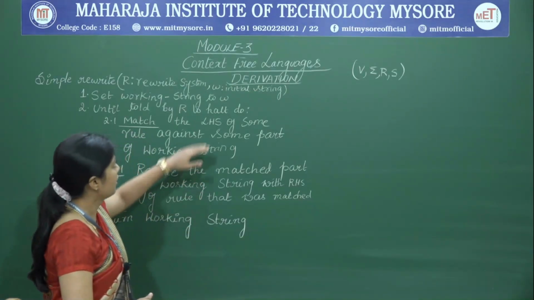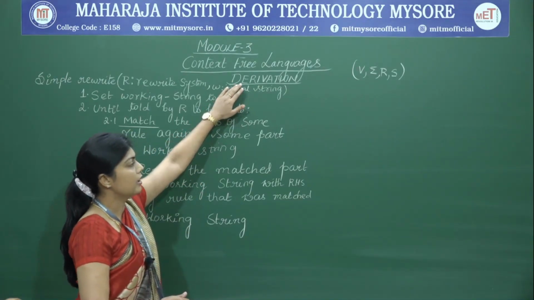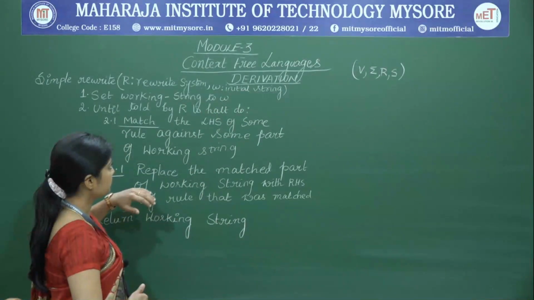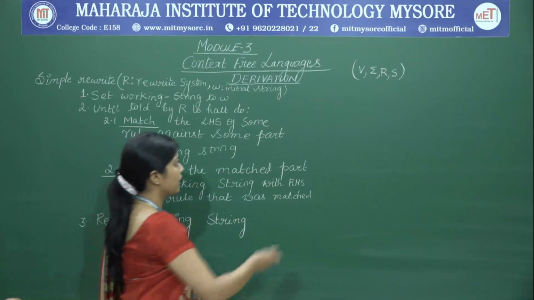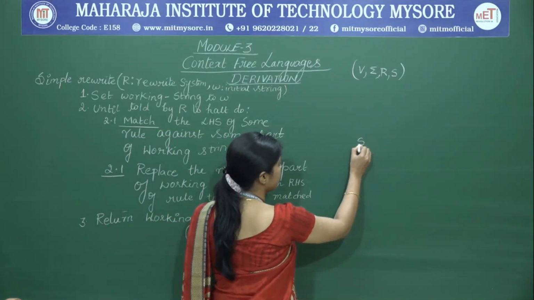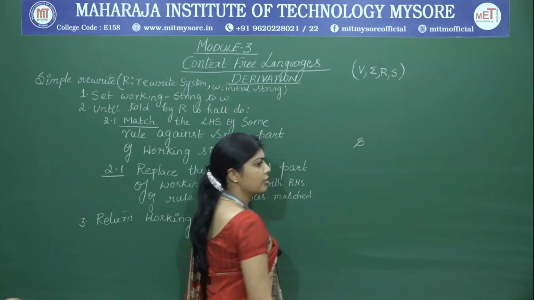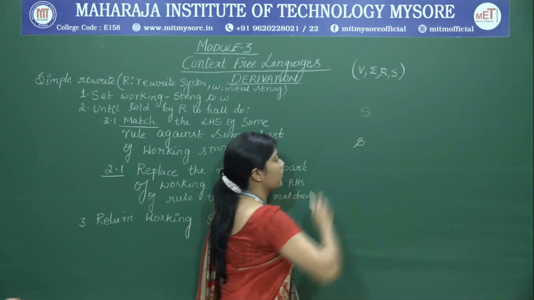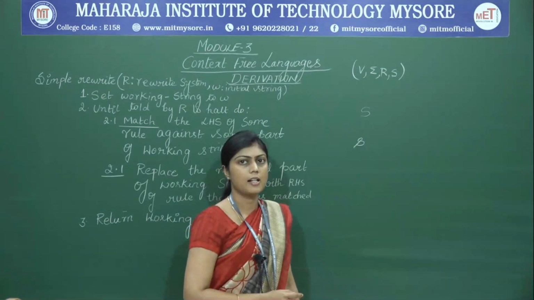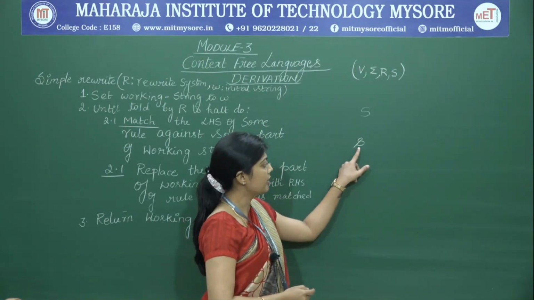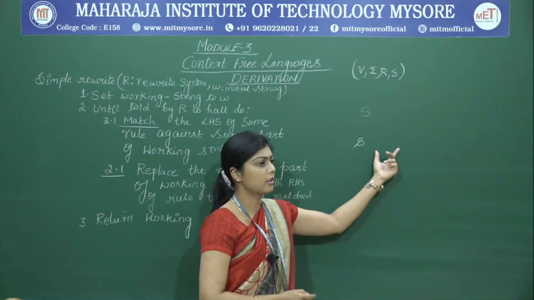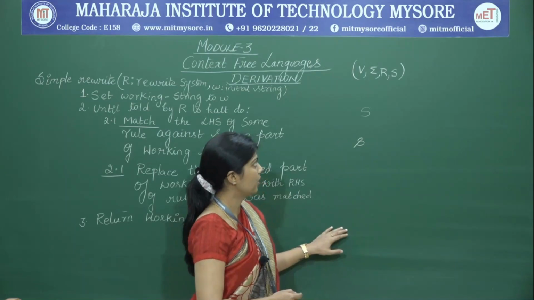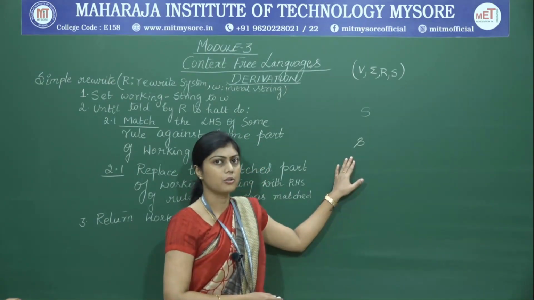Then we are going to deal with derivations. A derivation is a process of deriving some string, which I'll call small s, from capital S. Capital S, we know from the definition, is the start symbol, and the small s is the set of all the terminals that make up a string that belongs to this language. This is what we are trying to do.